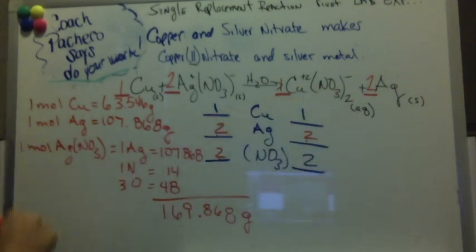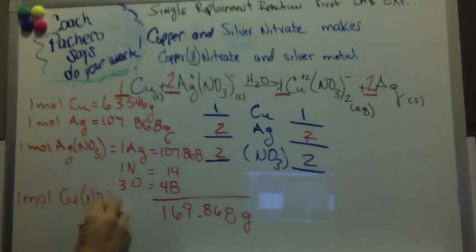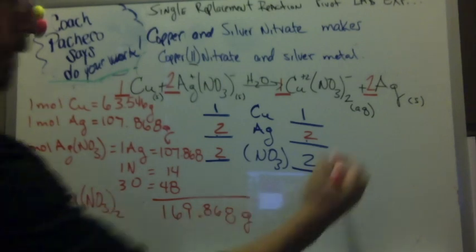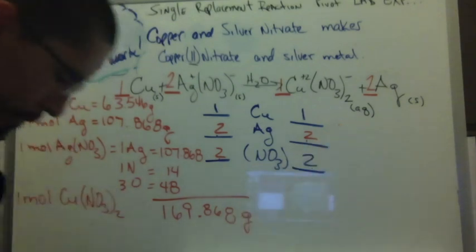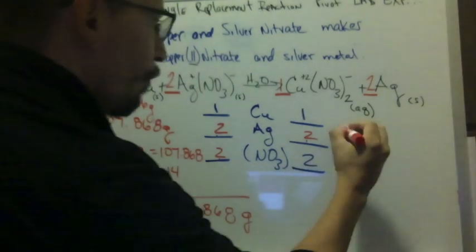2 of them. Here's where it gets interesting. 1 mole of copper nitrate is, I want to be sure that I have it all. So I'm going to take this math and do the math here. So I have 1 copper.